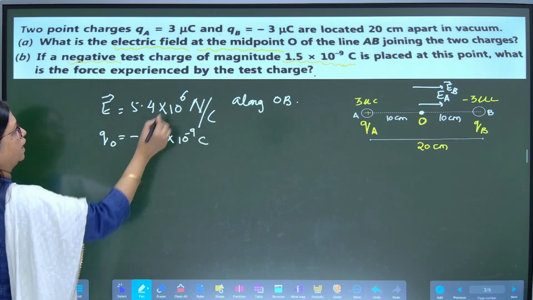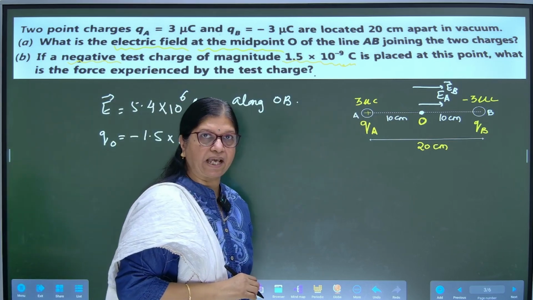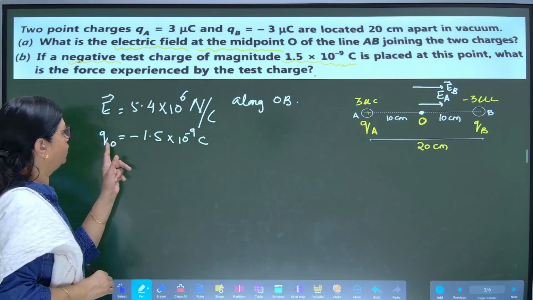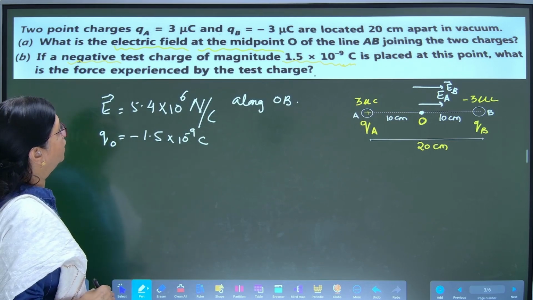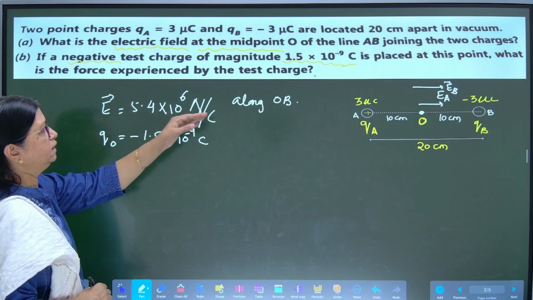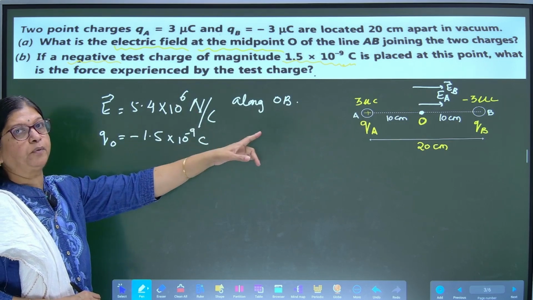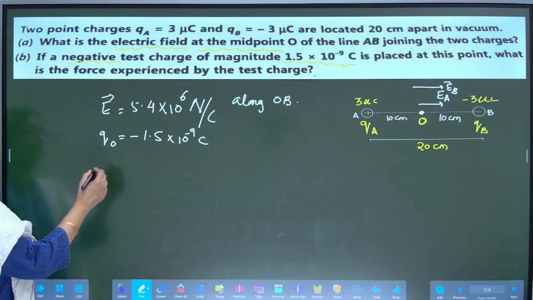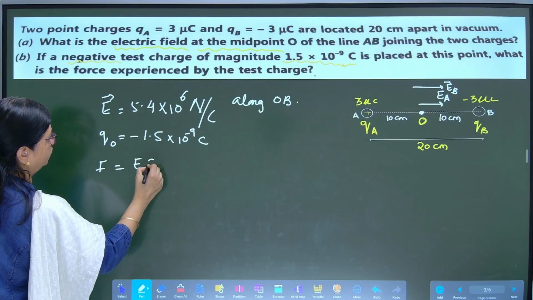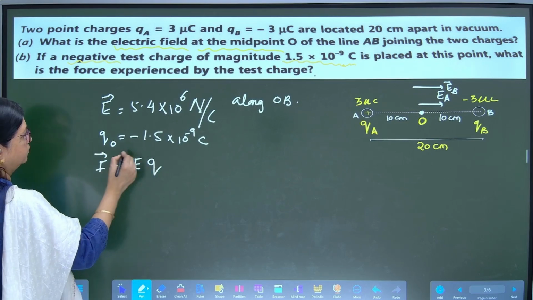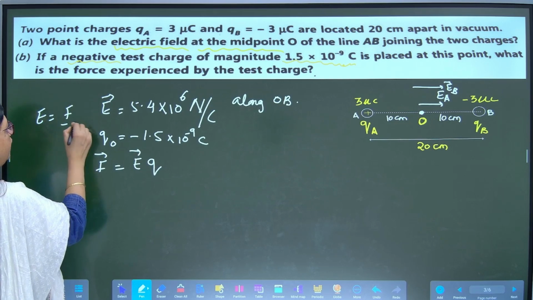It was negative, so I wrote the negative value. Where is it placed? It is placed at the point O itself, that's why Q naught is QO, the charge at O. Now they are asking what is the force experienced there due to the other two charges QA and QB at the point O. So remembering that F is equal to EQ. This is another formula of electric field. If you remember, electric field is equal to F upon Q.